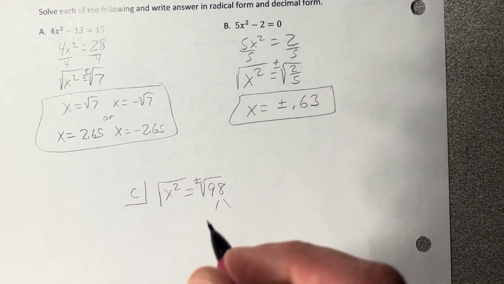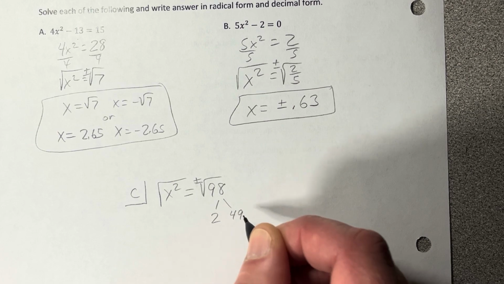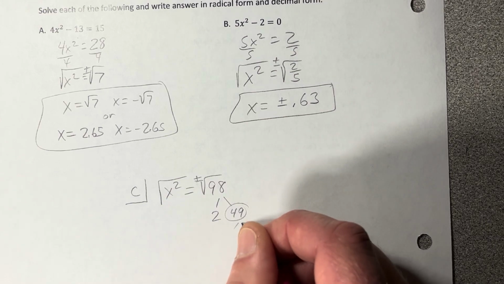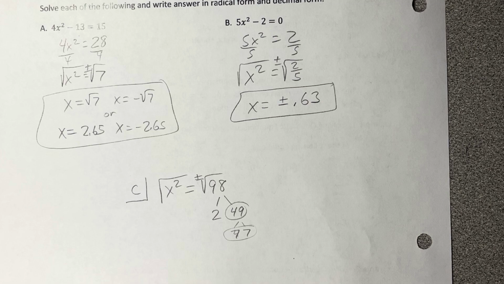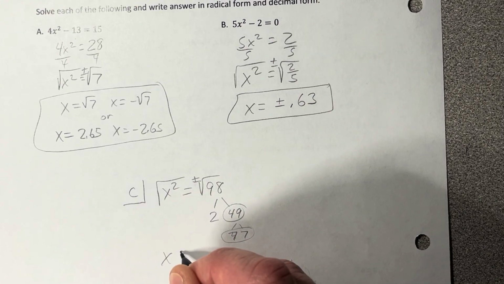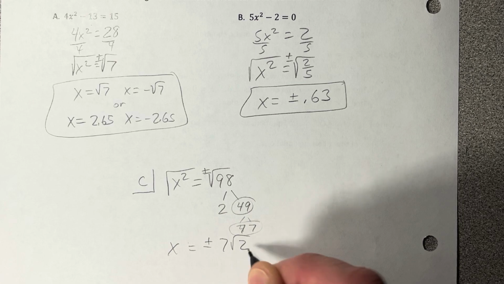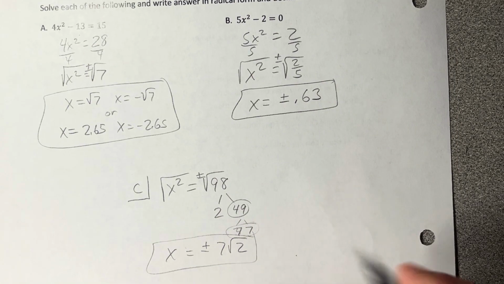So the easiest way to do this is to divide it by 2 and get 2 and 49. 49 is a perfect square. If you don't realize that, you'd break it up into 7 and 7 and then circle the 7s. So class, what comes out is a 7 and a 2 is left over. And this would be your exact answer.